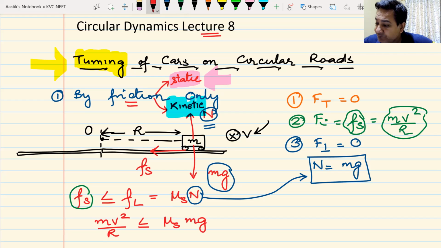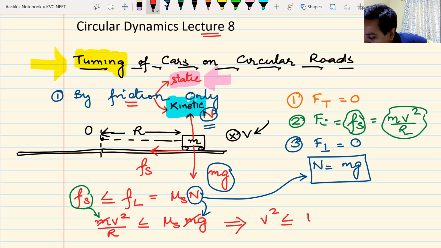I have just substituted the value of N from the top to here, and I've just substituted the value of Fs from the top to here. Now I can continue on this equation. m and m will get cancelled. v squared will be less than or equal to mu s into r into g. I will take the positive value. v will be less than or equal to the root of mu s r g.